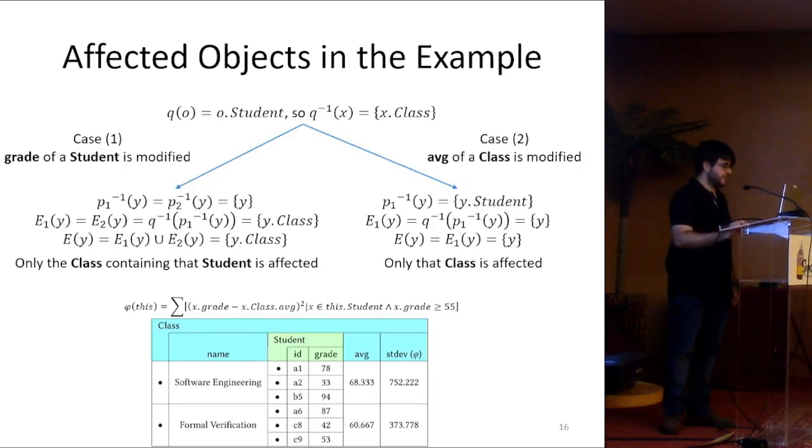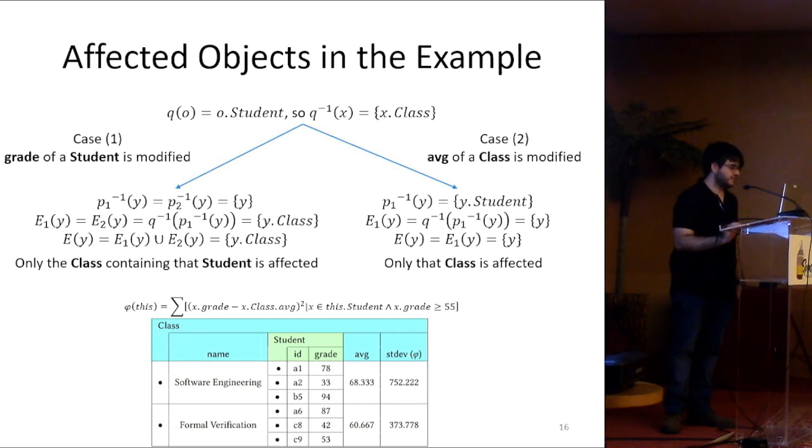Let's see it in the example. We did have Q, which is the set of cells. Each Q takes us from a class to all the students. So Q inverse of x is x.class. In the first case, a grade of some student is modified, and therefore, as we computed before, the pis were the identity, so the inverses of them are also the identity.